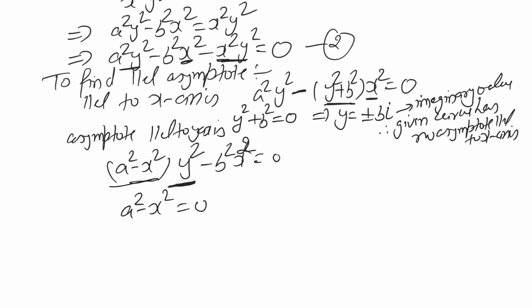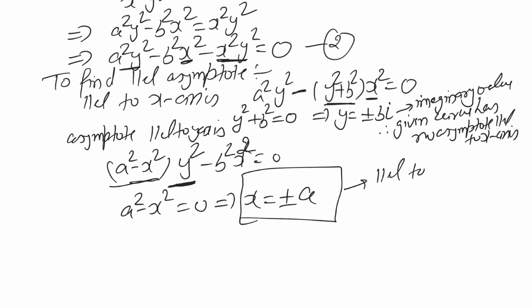So this implies that x is equal to plus minus a. So these are the asymptotes parallel to the y-axis and are called vertical asymptotes. That is how vertical and horizontal asymptotes, that is parallel asymptotes, are calculated.